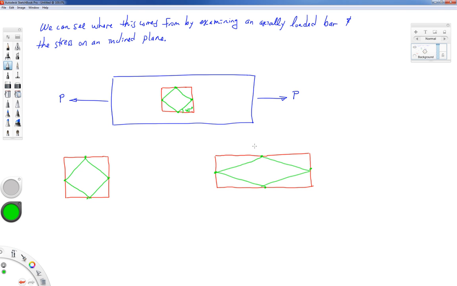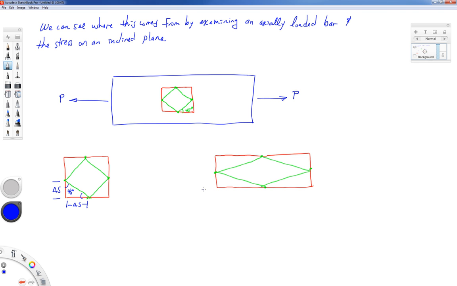Okay, just like that. So before it's loaded, we can say that this little triangle that I'm going to look at here maybe has a side delta S and a side delta S right here. And both of these angles are at 45 degrees.